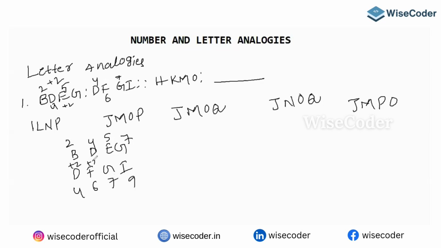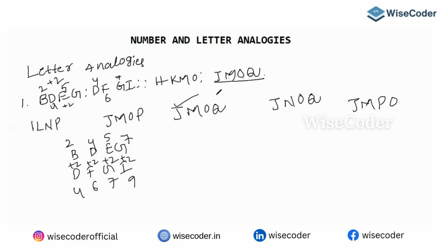Always the logic is +2. In the same way here also: H +2 is J, K +2 is M, M +2 is O, O +2 is Q. So JMOQ. Which option? Option C.